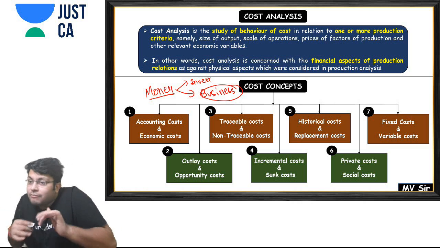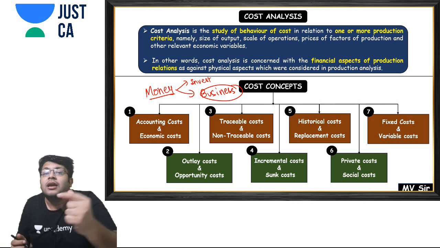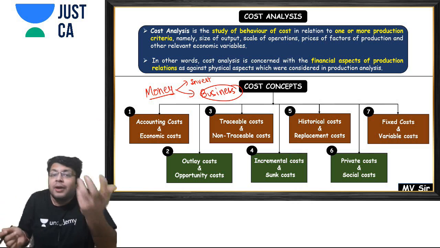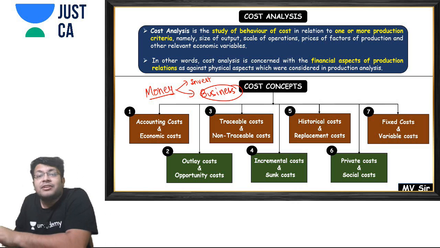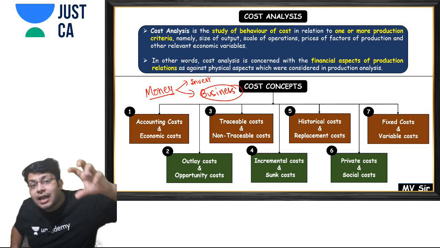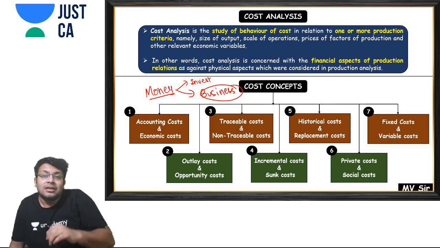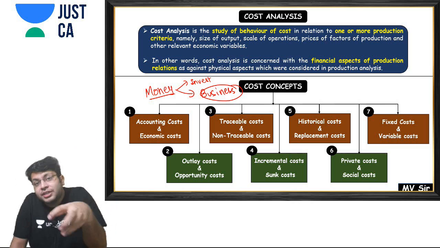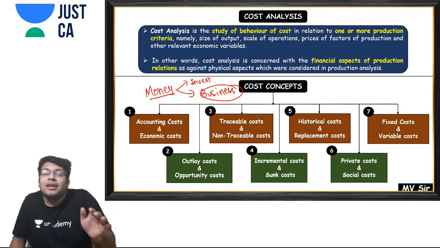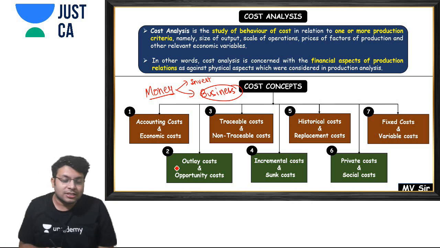The income which you could have earned on your money, which you have now invested in the business, is called implicit cost. That is, the cost of using your self-owned factors in your business is called implicit cost. The next point is outlay cost and opportunity cost.